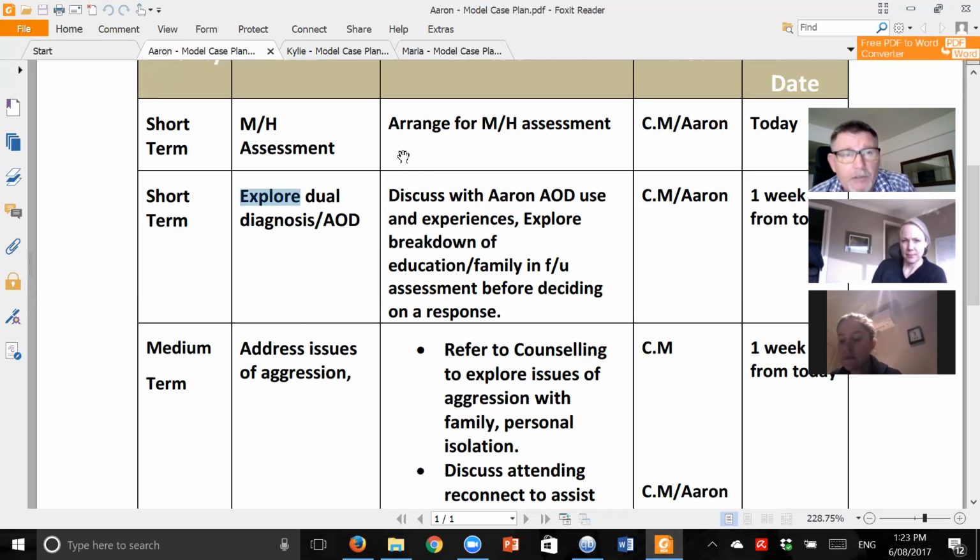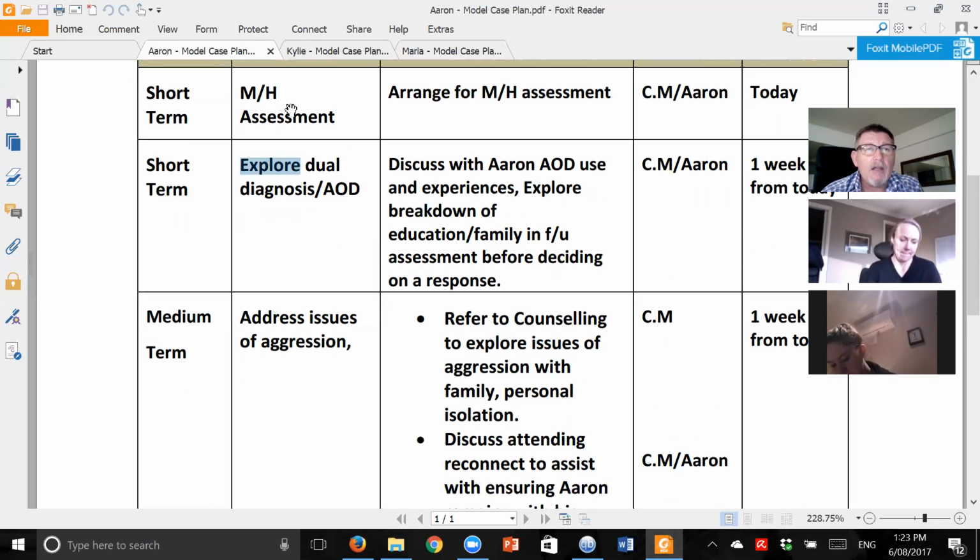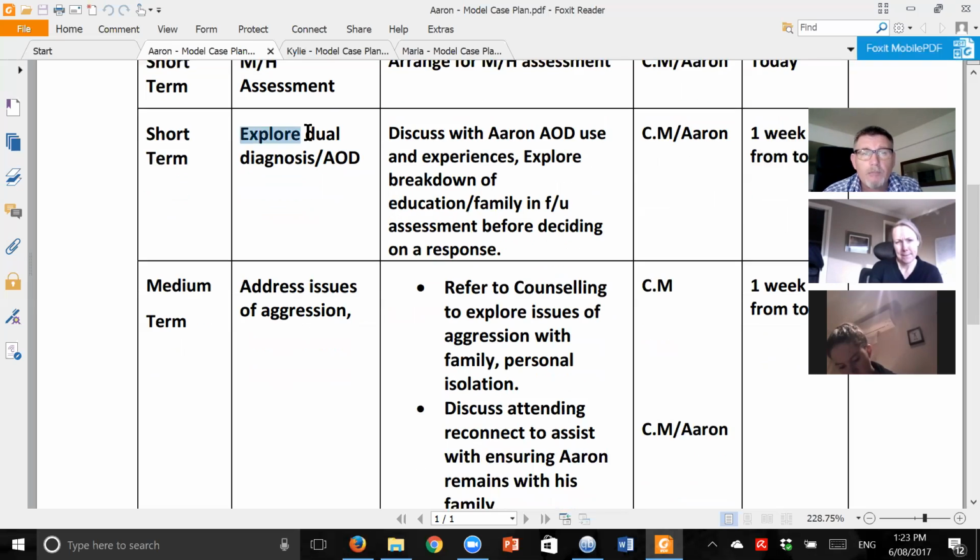This is a court document, so we need to be very careful about the language we use. We need to recognize that we're using it for ourselves and for other people. So I've listed a risk problem here, mental health, something which can also be a complex diagnosis, which can increase the concept of comorbidity, making it even more difficult to help Aaron work through his problems.